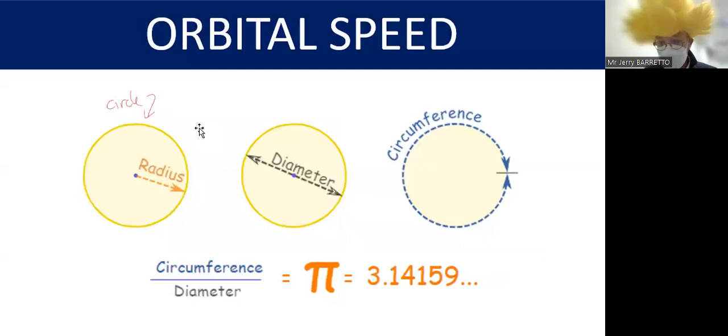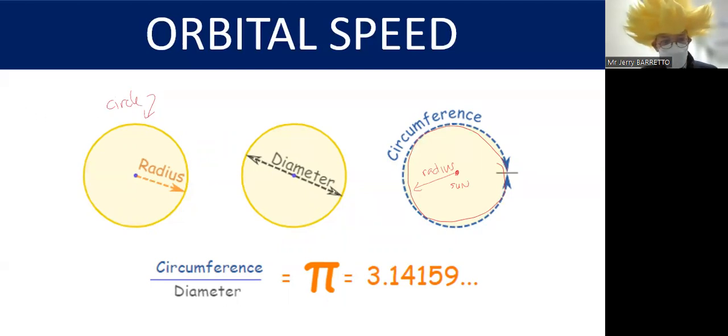So the idea here is you're going to put your sun at the center, and then we're going to find out how long it takes for a planet to go around an orbit. How long does it take to go once around the sun, given, of course, a radius? Okay, so the math that we're going to be using has a lot to do with what we learned previously.